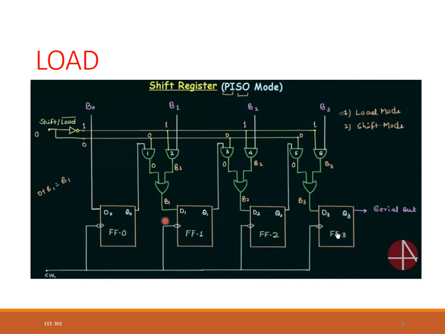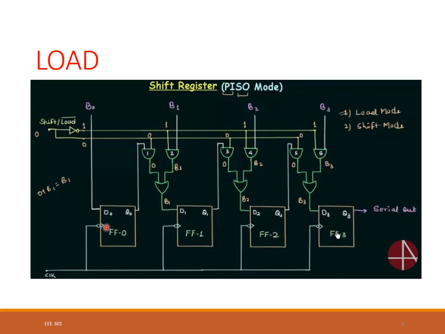So we are trying to find what should be the input of the first, second, third, and fourth flip-flop. Say we have given V0 here, this is V1, this is V2, this is V3. So input bits, right? So this is parallel in. So in parallel we are giving input and serially we are taking out.